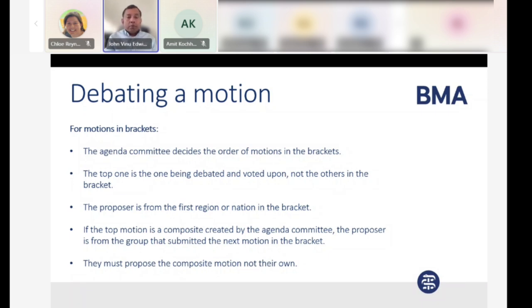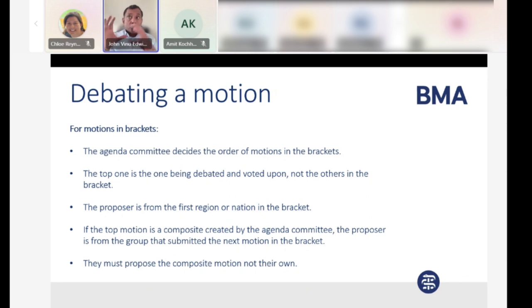If the top motion is a composite created by the agenda committee, the proposer is from the group that submitted the next motion in the bracket. So if it says composite motion from agenda committee, and the next motion is from a given group, that next motion will be the priority. That proposer comes from the motion just below, and they must propose the composite motion, not their own.